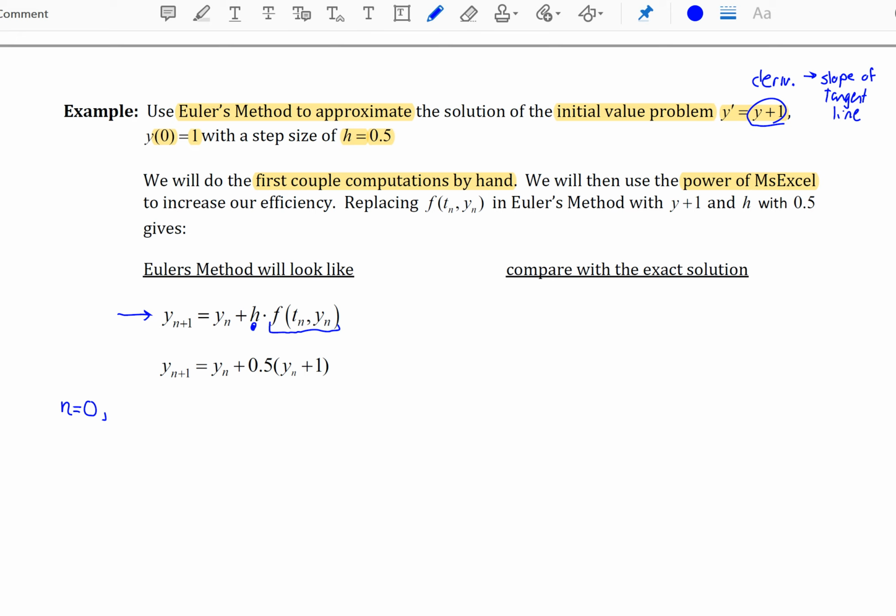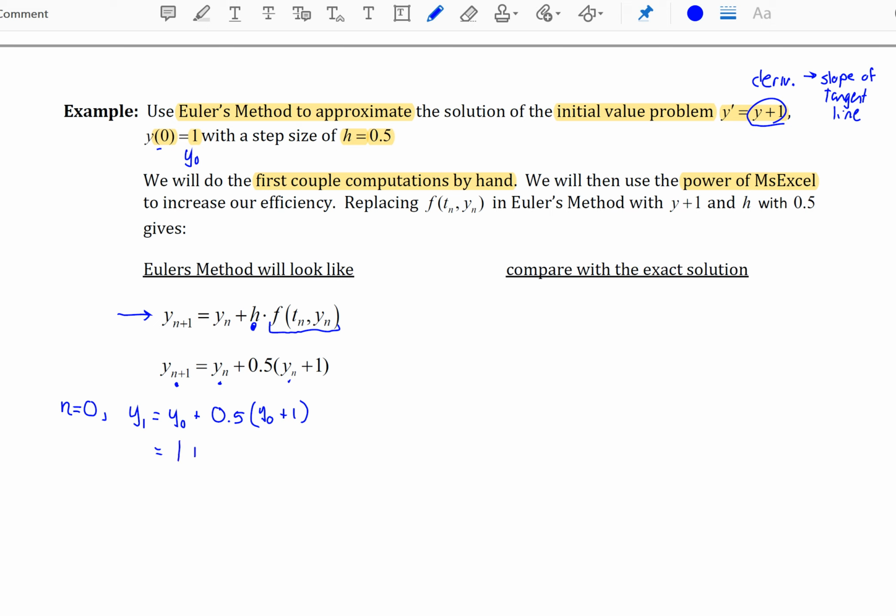If n is equal to 0, then we're going to have y1 is equal to y0 plus 0.5 times, if n is 0, this is going to be y0 plus 1. Where y0 is found from our initial value problem. This is y0 here, our initial y value.